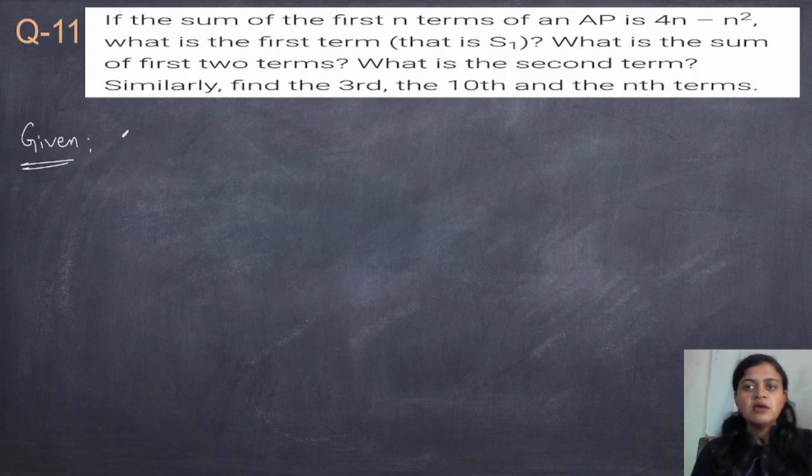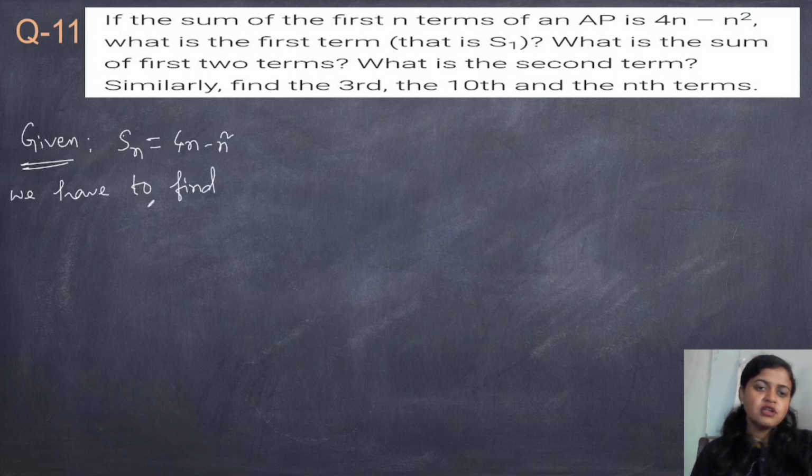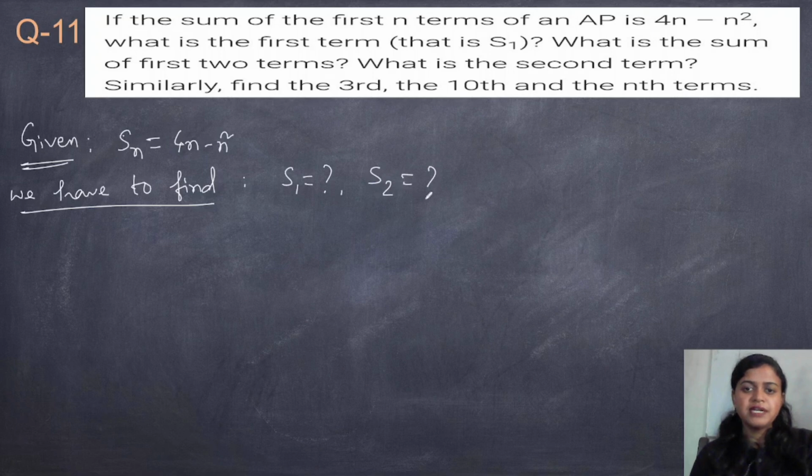So given an AP, the sum of the first n terms, that is Sn, is given as 4n minus n square. And what do we have to find? We have to find the first term, that is S1. What is the sum of first two terms? Sum of first two terms means S2 you have to find.